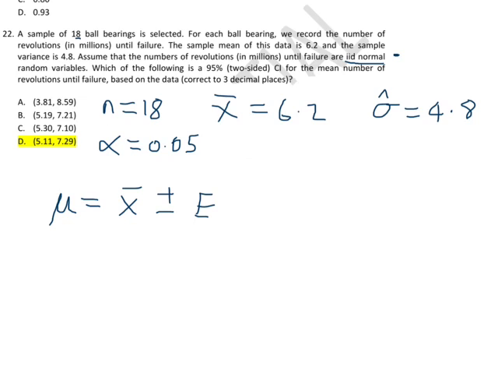The ball bearings are normal, so in theory we could use it, but we also need to know the population variance, and we are only given the sample variance. Because we don't have that, you need to use the t distribution, unless n happens to be very large, typically greater than 30. Since we don't know the variance and n is only 18, we can't use a Z distribution.